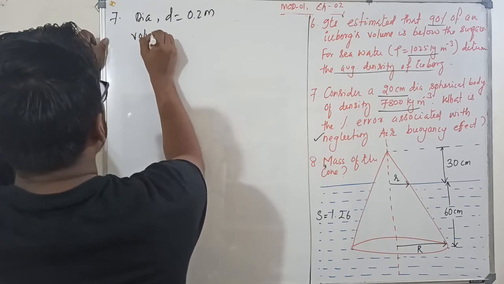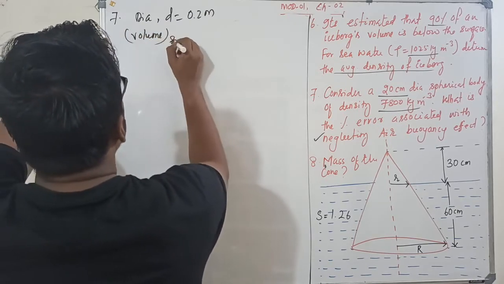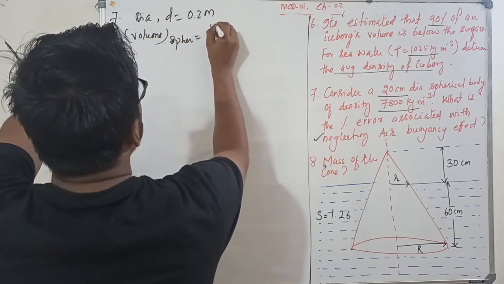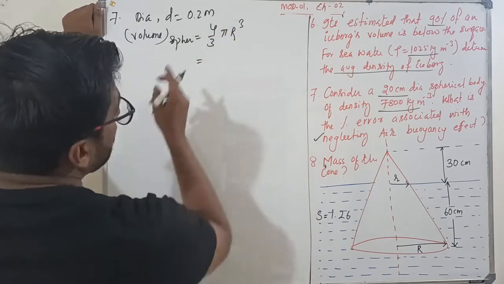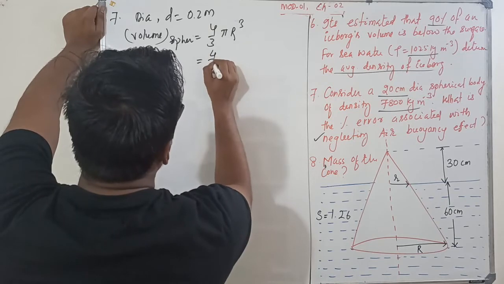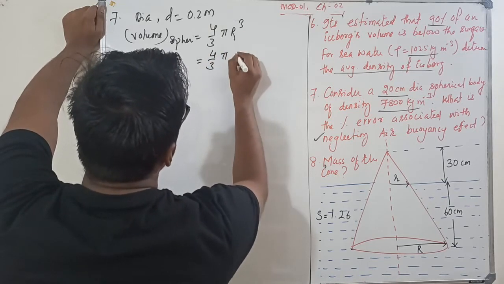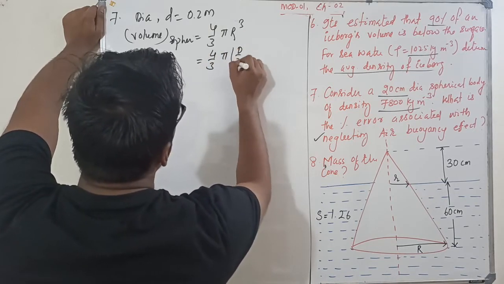So what will be the volume of your sphere? Sir, the volume of a sphere is 4 by 3 pi r cube. But here the diameter is given. What is your r? Sir, radius equals diameter by 2.